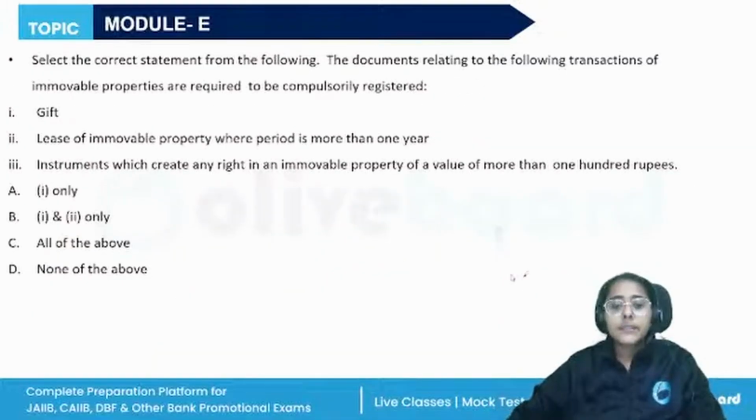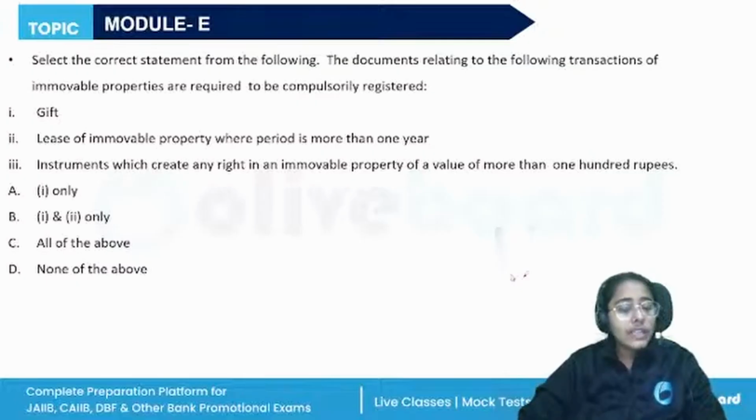Select the correct statements from the following. The documents relating to the following transactions of immovable properties are required to be compulsorily registered. Which of the following documents are required to be compulsorily registered? Gift, lease of immovable property where the period is more than 1 year, instruments which create any right in an immovable property of a value of more than 100 rupees.